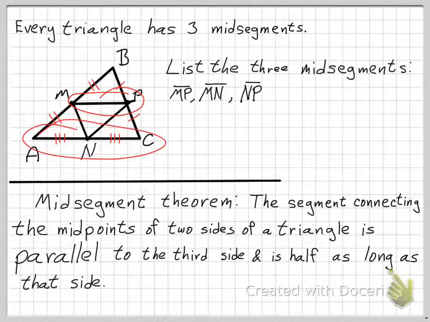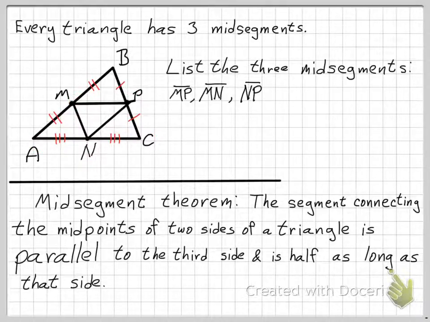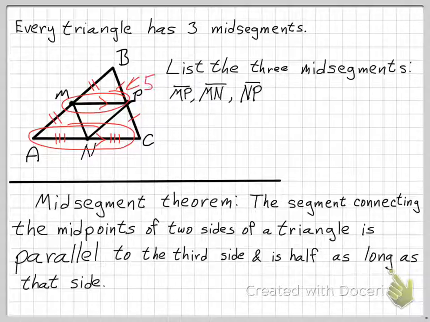Those two are parallel to each other. And the mid-segment is half as long as that same side that it's parallel to. So if this was, for sake of argument, 5 inches, then this would be 10 inches.